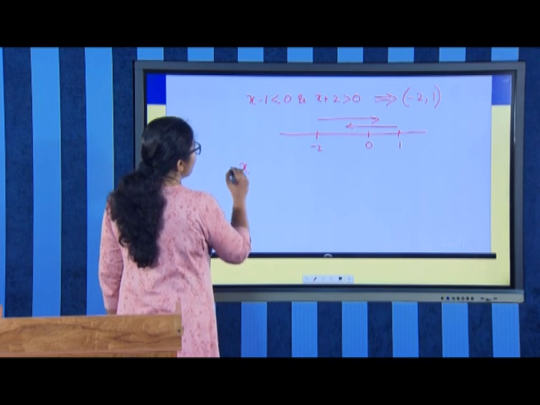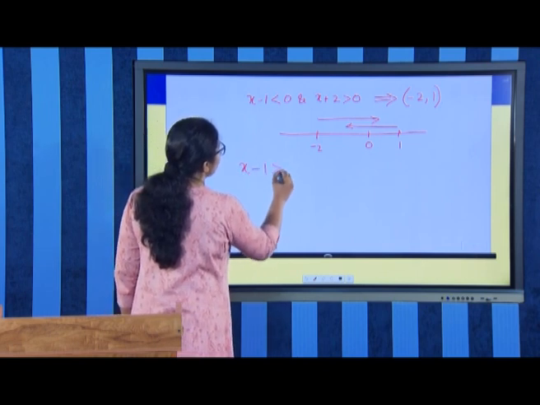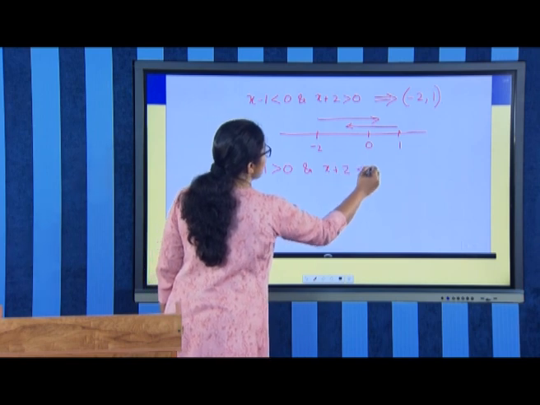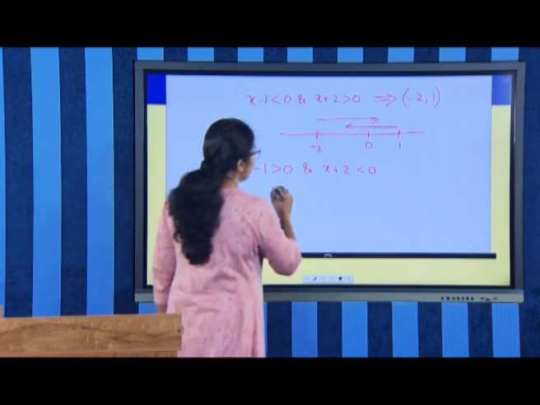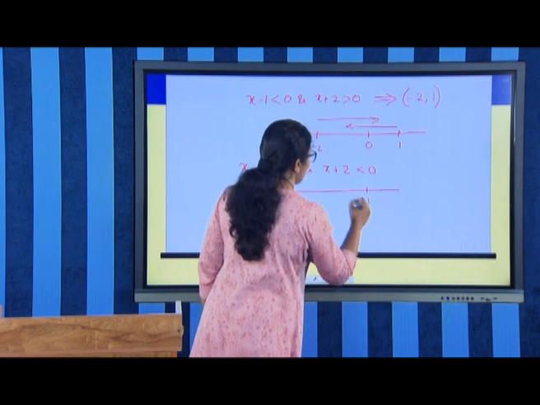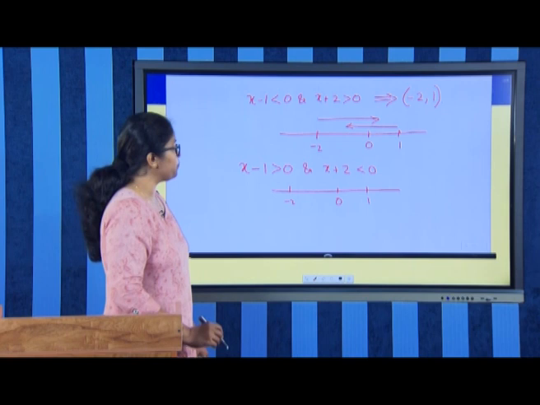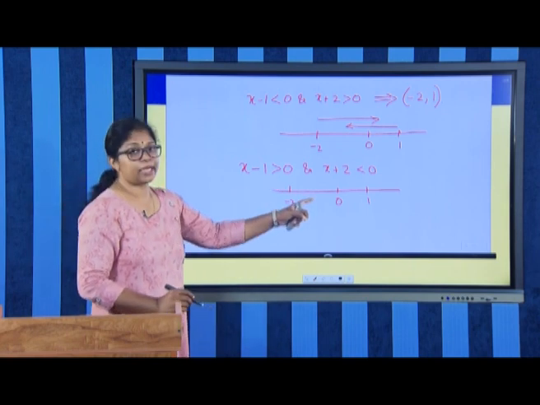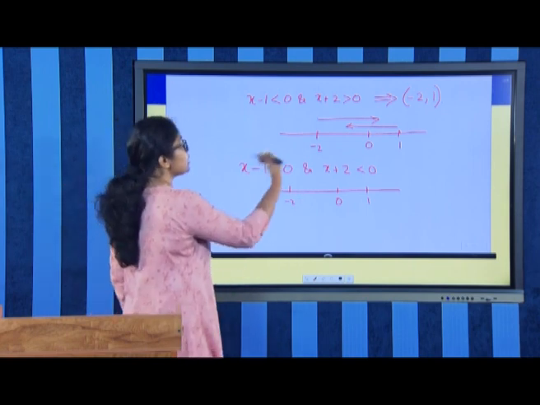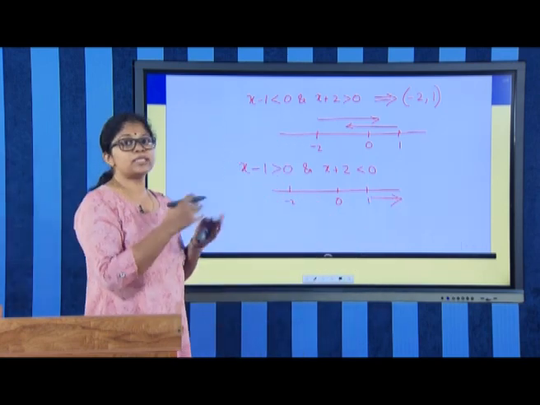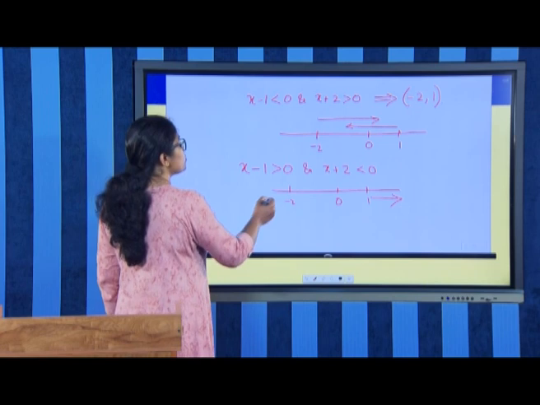Now, take the second case, that means x minus 1 is positive and at the same time x plus 2 is negative. But when we do this one, somewhere here you have your negative 2. So, x minus 1 is greater than 0 means x is greater than 1. So, x goes to this side, and x plus 2 is less than 0 means x goes to this side.